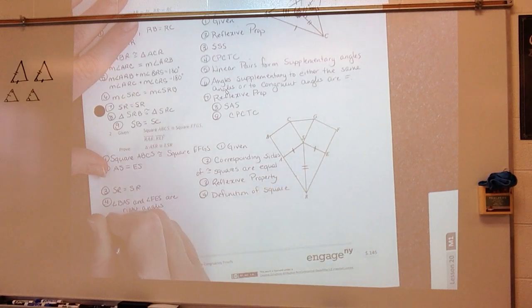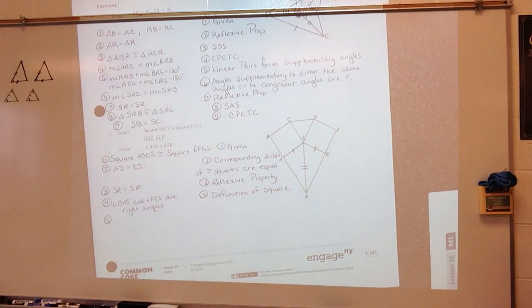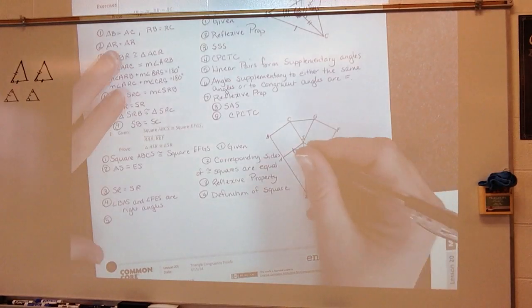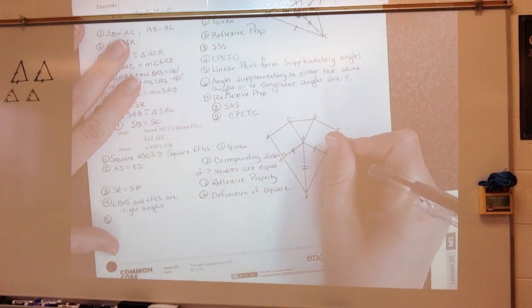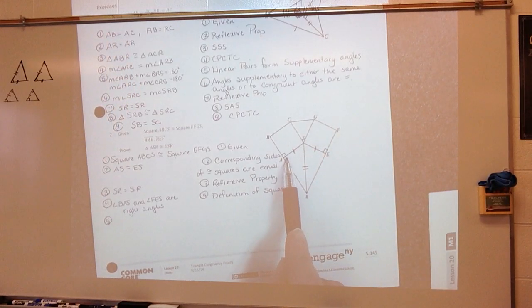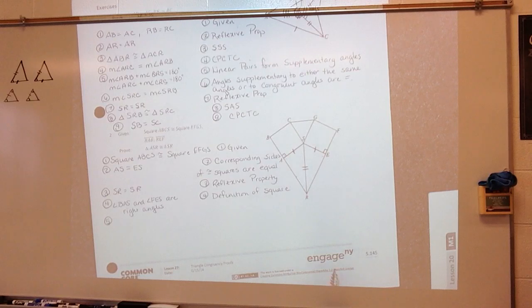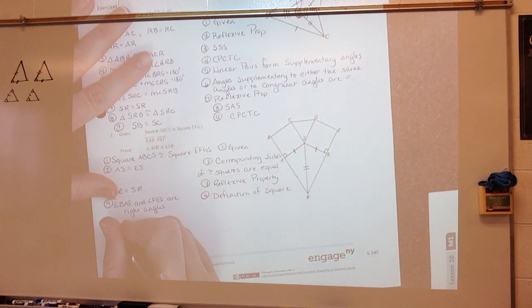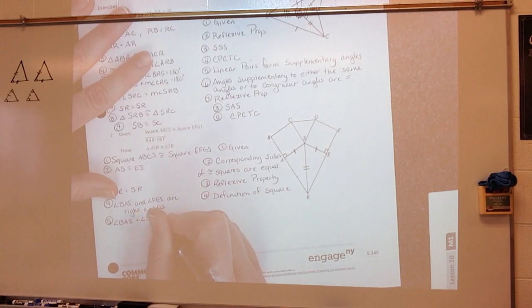Alright, definition of a square. Since I know that this is a right angle, what do I know about this and this? Well, they form linear pairs. So angle BAS and angle SAR form a linear pair.